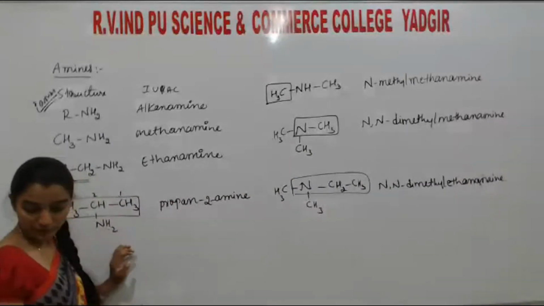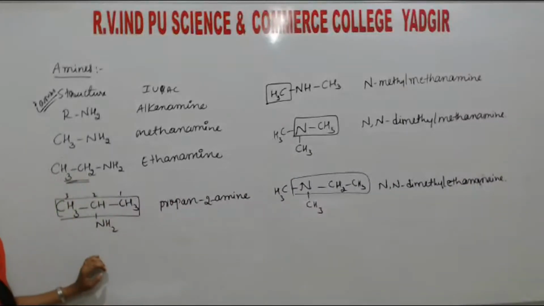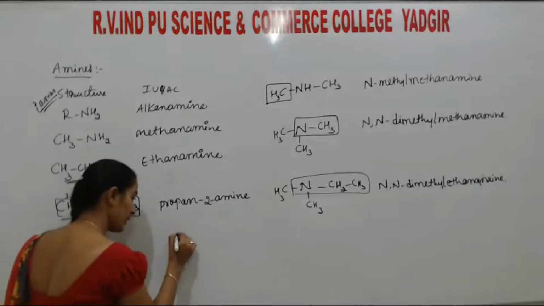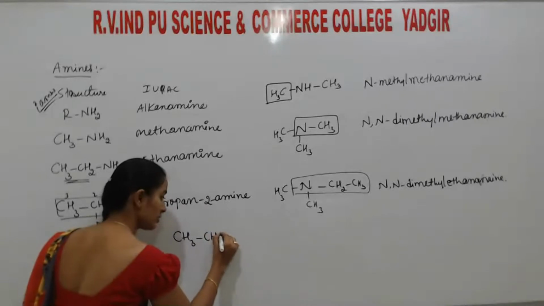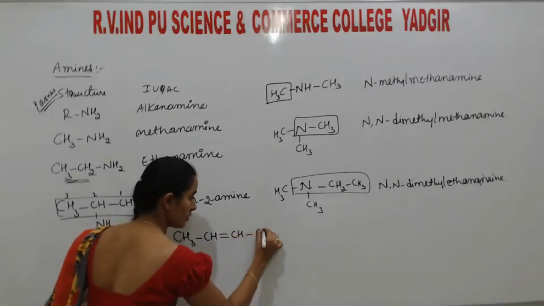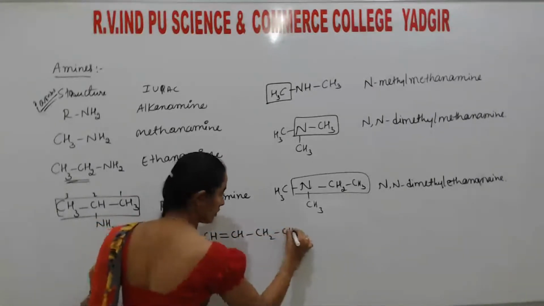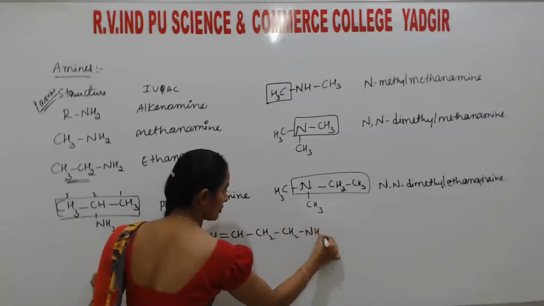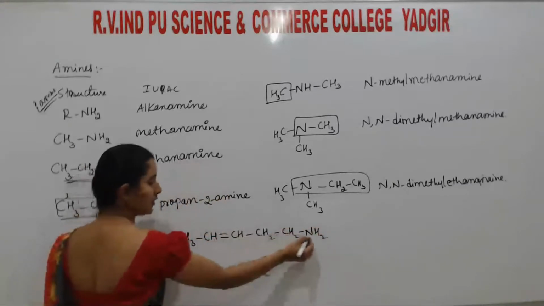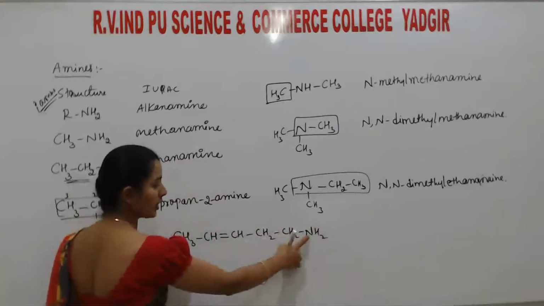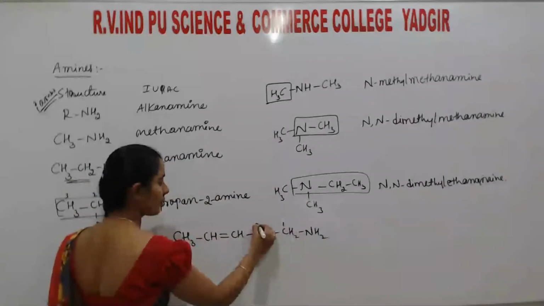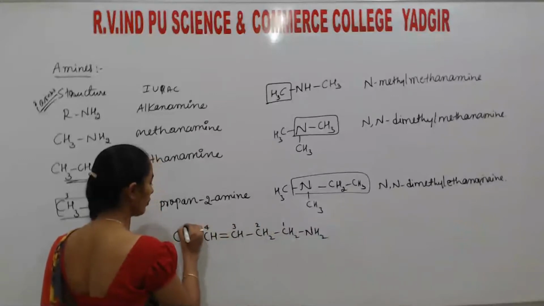So students, if any compounds like CH3, CH, double bond CH, CH2, CH2, NH2. Here double bond is there as well as NH2 group is there, but the preference is given to NH2 group. Start numbering from here 1, 2, 3, 4, 5.